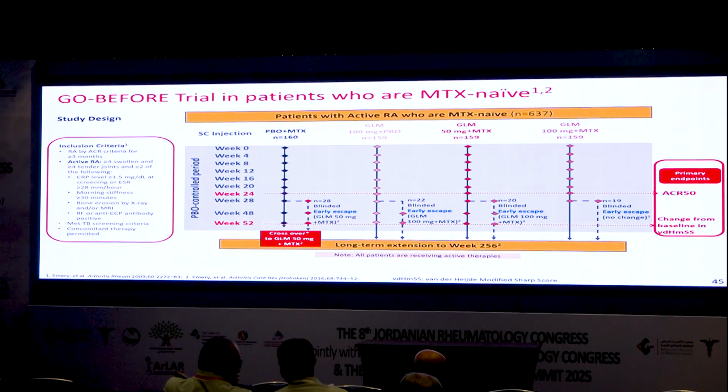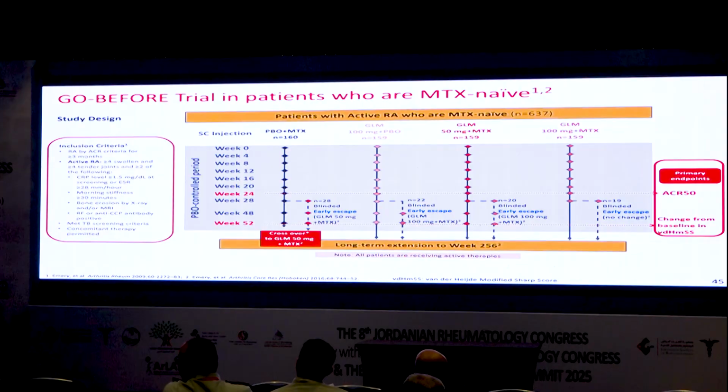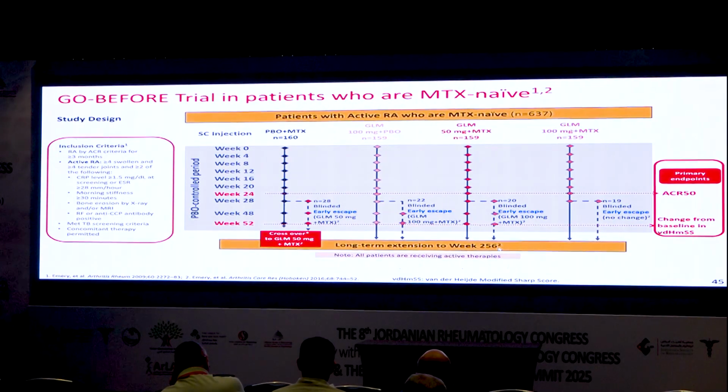The primary endpoint here is the ACR50, and not ACR20, at week 24, and the change from baseline in the modified Sharp score for radiographic progression by week 52. Also, there is a longer-term extension to week 256, about 5 years.